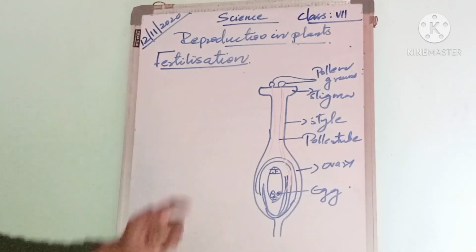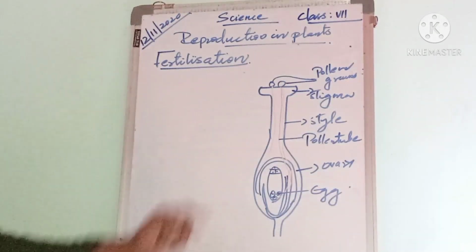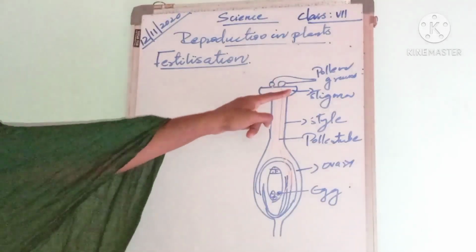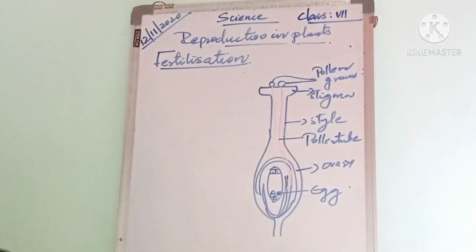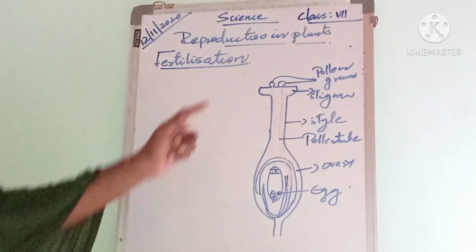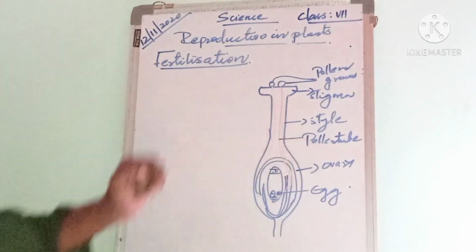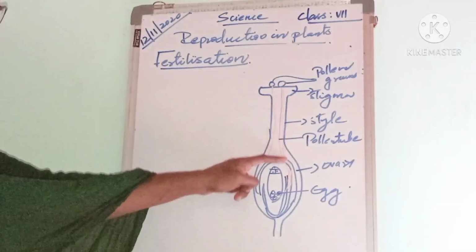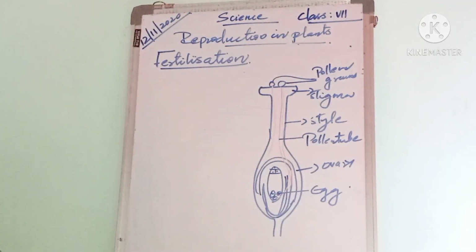When a pollen grain falls on the stigma of a flower of the same kind, it develops a long tube that is called the pollen tube. This pollen tube grows downward through the style towards the ovary.